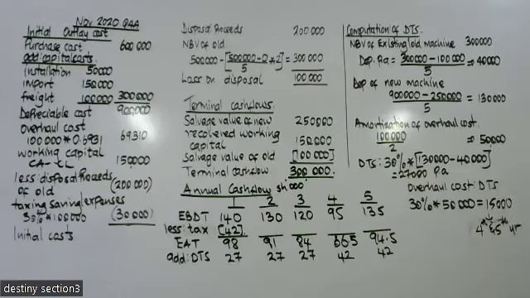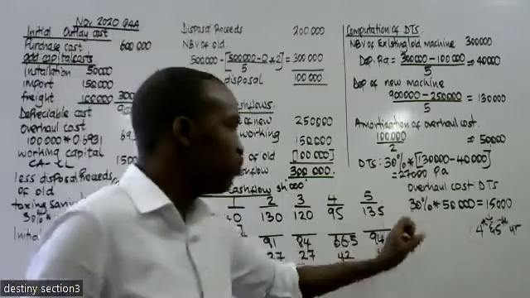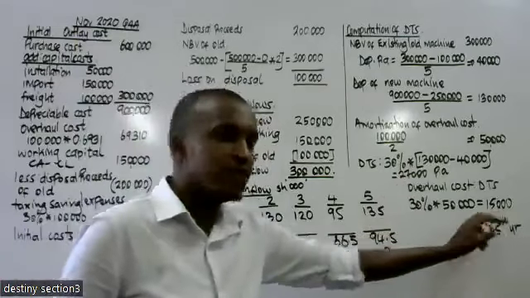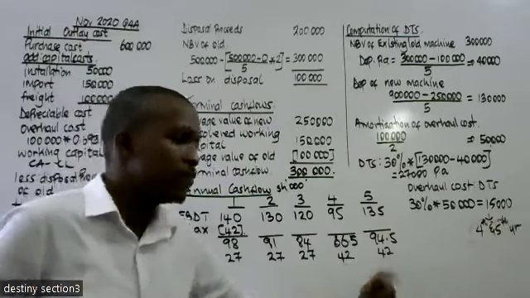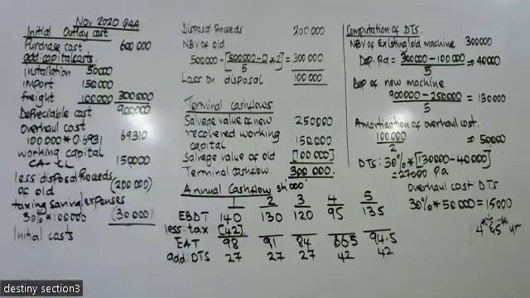This overall cost is being incurred by the new machine, not the old, it is being incurred in that year, so you amortize it over the remaining useful life, which is the 4th and 5th year. And the DTS, the normal one, of 27, remember to add the overall cost of 50 in the 4th and 5th year.